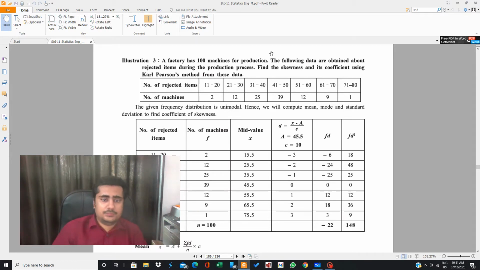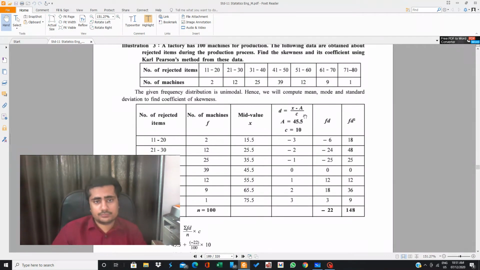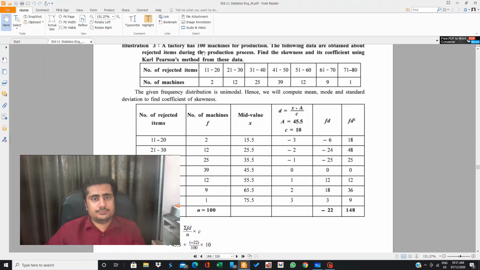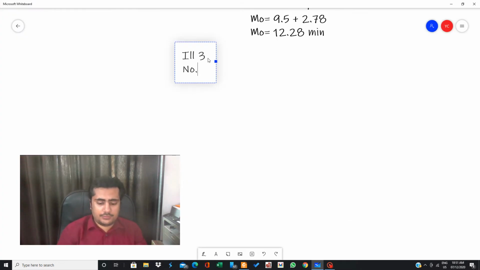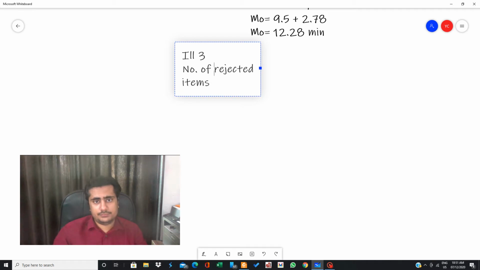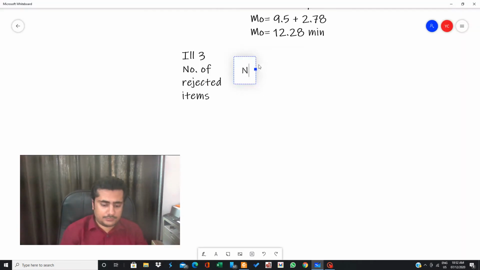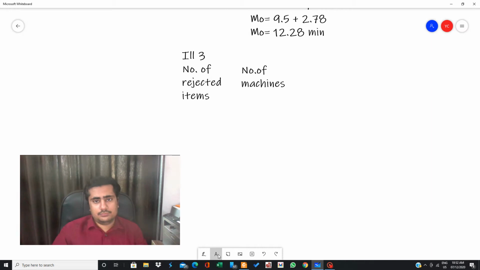Now let me write the question here. So, what we are doing is illustration number 3: number of rejected items and number of machines. This is my Excel.